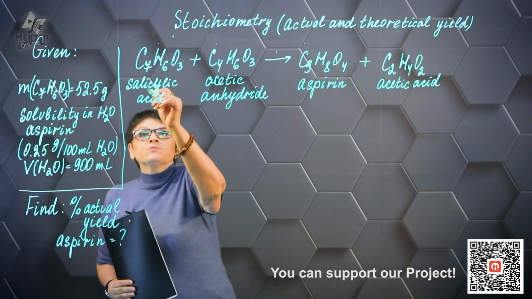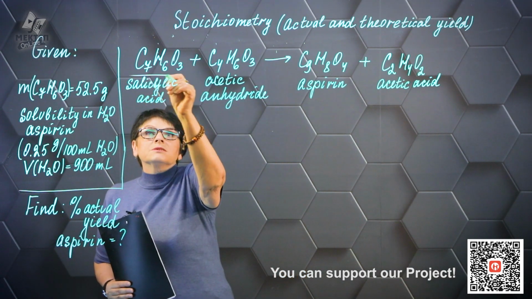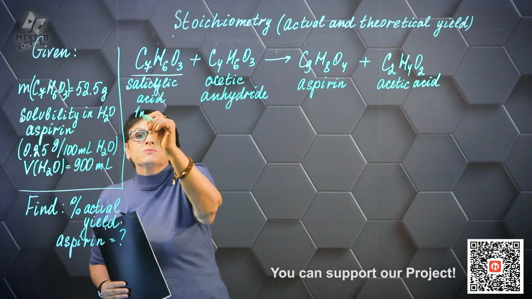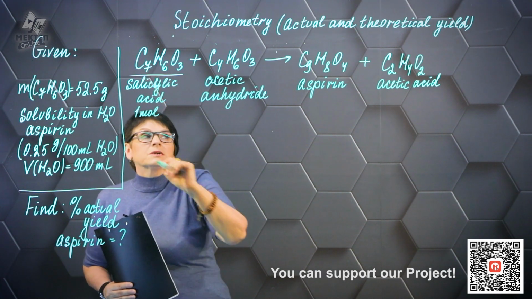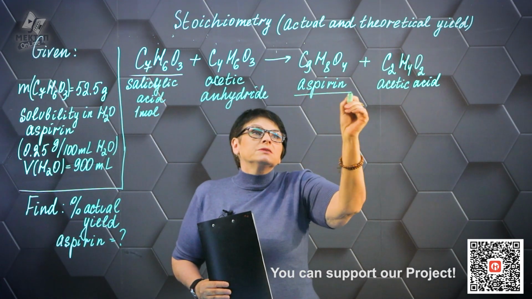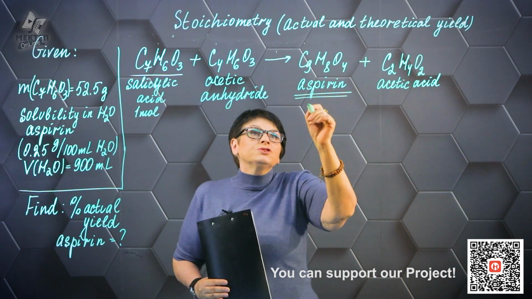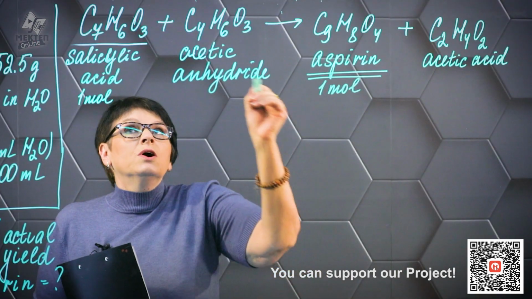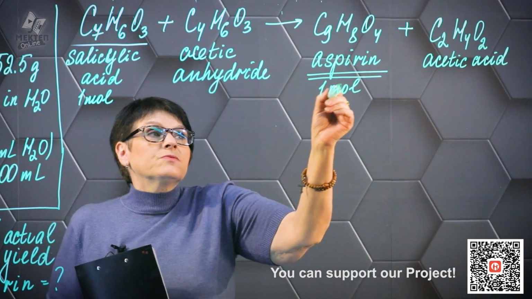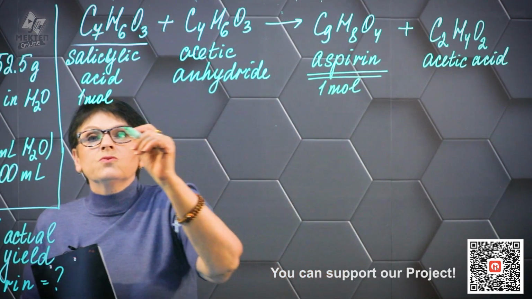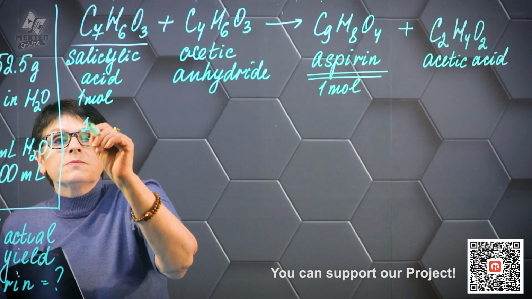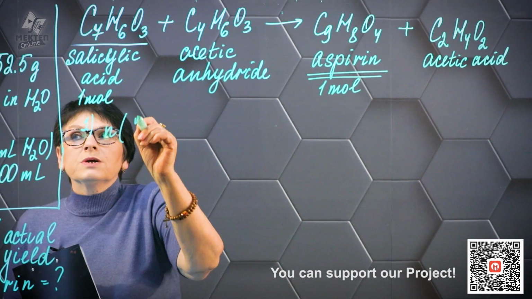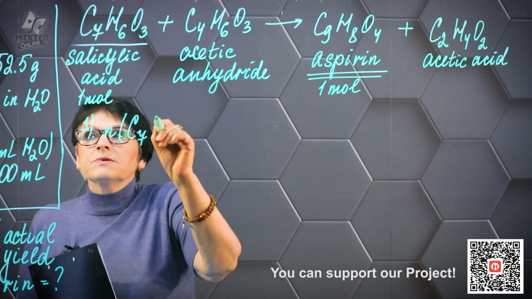So how will we decide? Since we are given salicylic acid, we will write 1 mole at the bottom. It follows from the coefficient, and let's find how much aspirin we will get according to the condition of the problem, and from the equation it will be 1 mole. Now the first thing we will find is how much salicylic acid we have in moles.